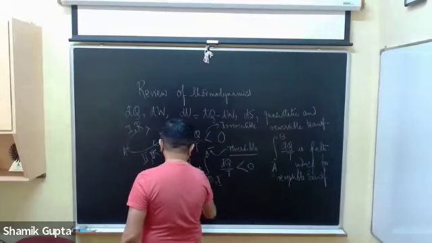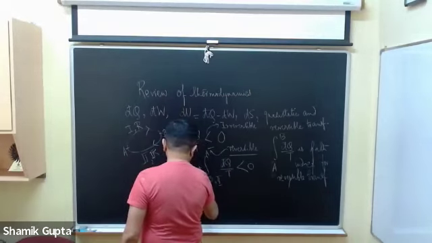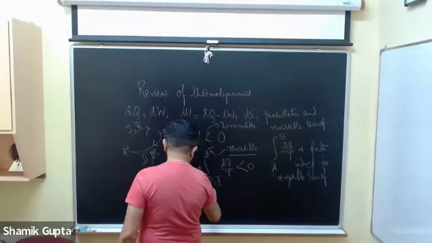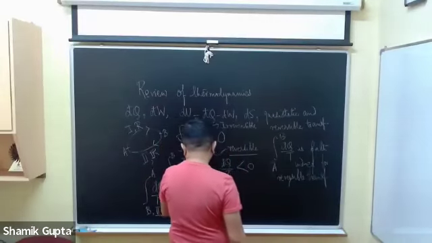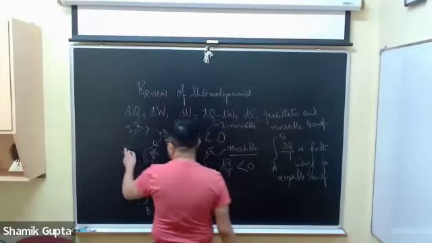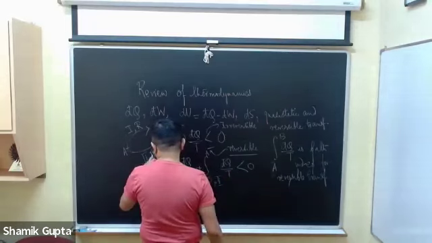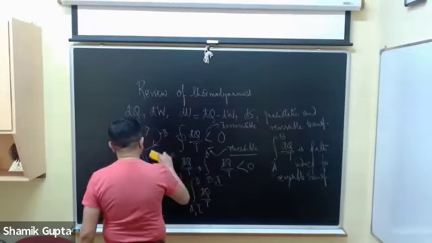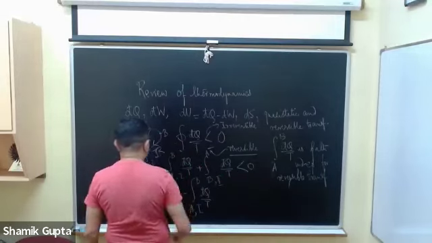Less than minus the integral from A to B along path 2, but this one, see, only path 1 is reversible, path 2 is not reversible. So therefore, this one is irreversible. Maybe it is not irreversible.